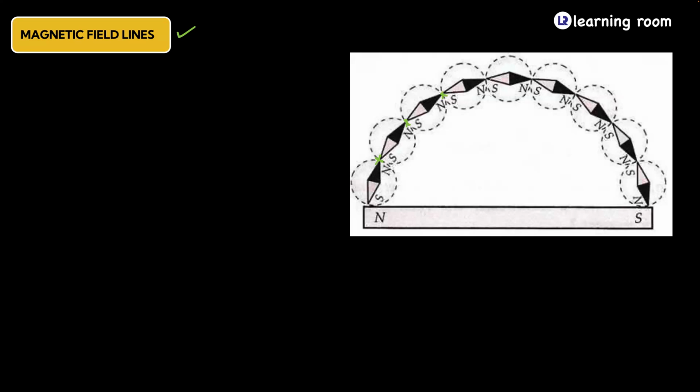Mark this point like this. Keep continuing the process. When you join all these marked points, you will get a curve, and that curve is what is called a magnetic field line. Is that point clear?